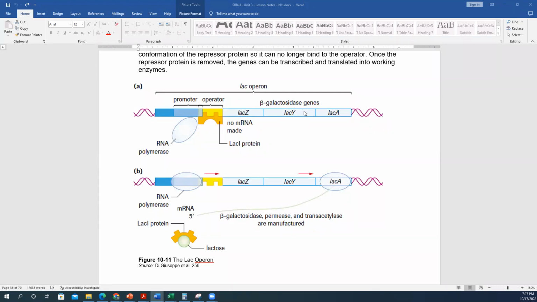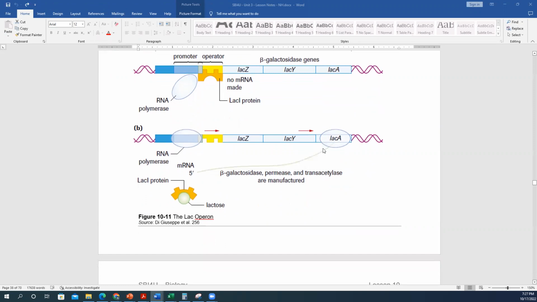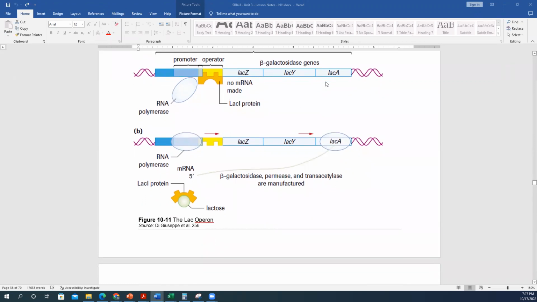LAC-Y codes for beta-galactosidase permease, an enzyme that makes the membrane more permeable to lactose, so the lactose can enter the cell more easily. And LAC-A, you don't need to worry too much about it. So these are the three structural genes.